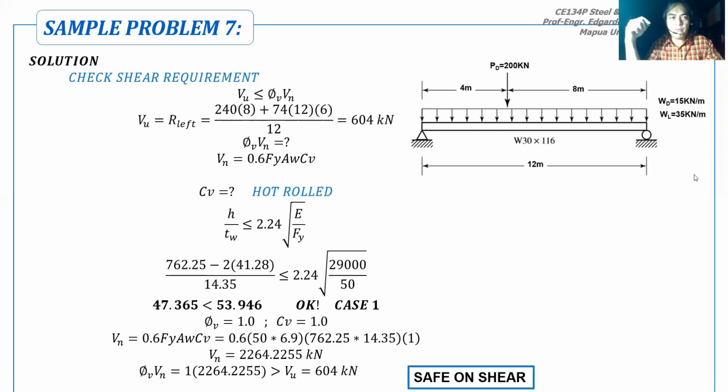Most of the time, whenever we check shear requirement, kapag yung beam pasado sa flexure, most likely pumapasa sila parati rin sa shear. Okay? Now, my question is, anong klaseng beam yung pwedeng pumasa sa flexure pero bagsak sa shear?